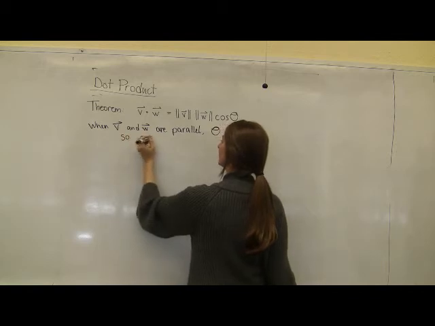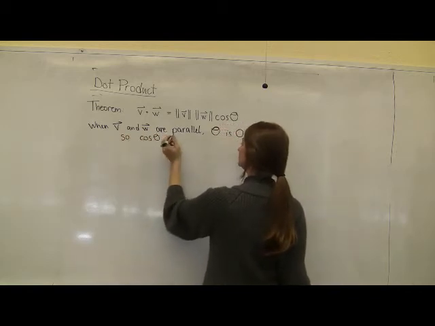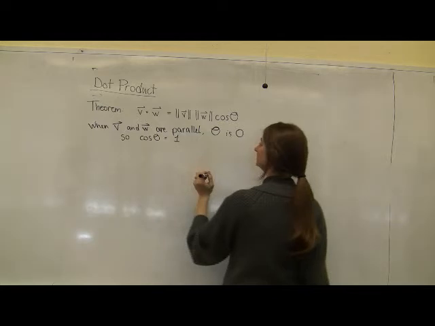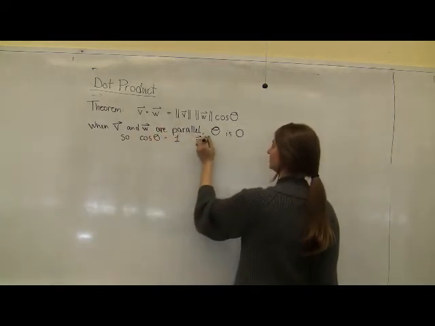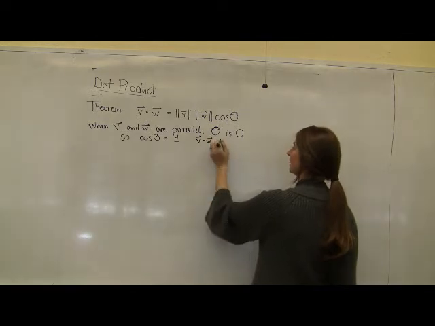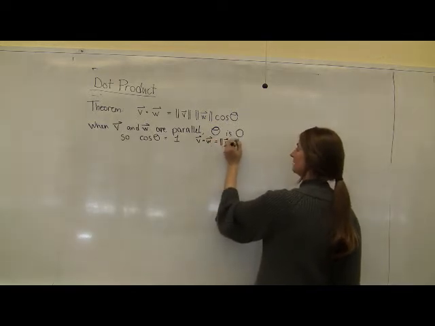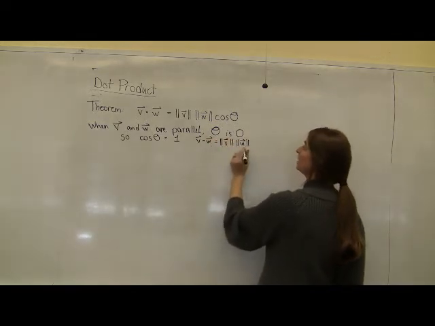So the cosine of theta is the cosine of 0, which is 1. And we find that v dotted with w is actually just the magnitude of v times the magnitude of w times 1.